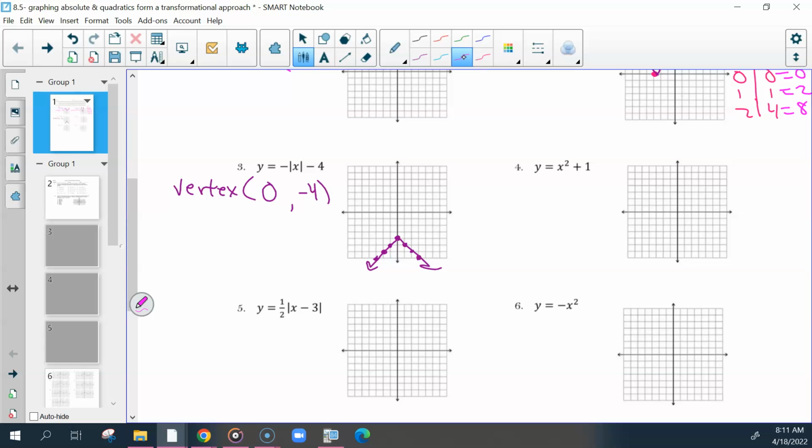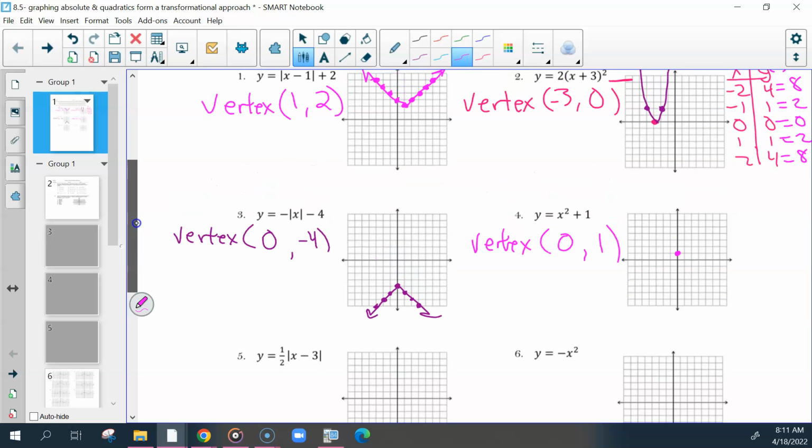Number 4, what would the vertex of this be? Not -1. This one doesn't have parentheses, there's nothing on the inside. And the only thing that happened to this one is that it moved up 1. So that means our y values from our original will not change.